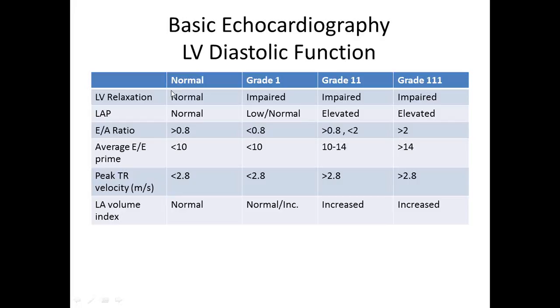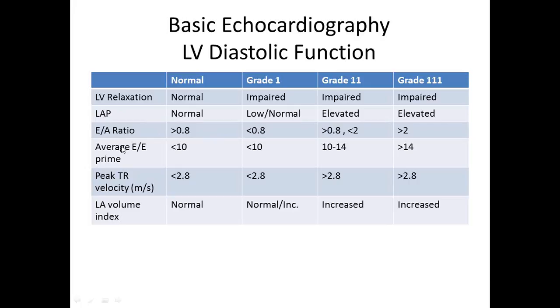So in a normal individual, you expect the LV relaxation to be normal. So the LV is going to relax normally. The left atrial pressure is going to be normal. In a normal individual, the E is usually bigger than the A, so the E to A ratio is usually greater than 0.8.